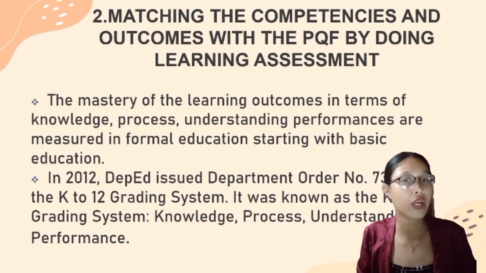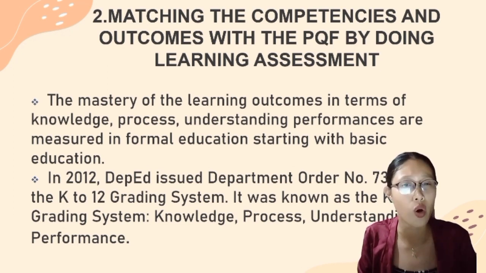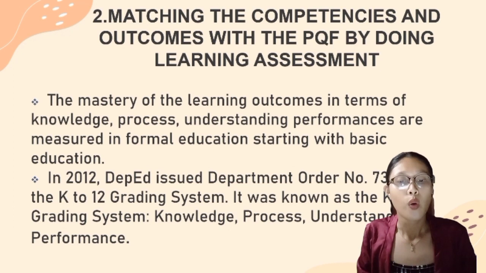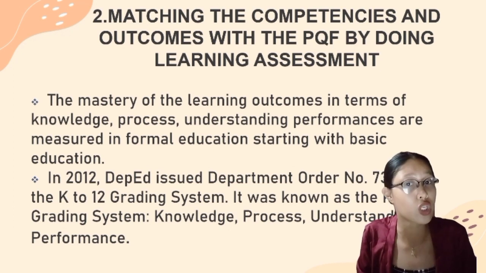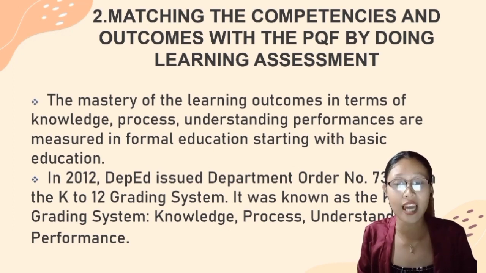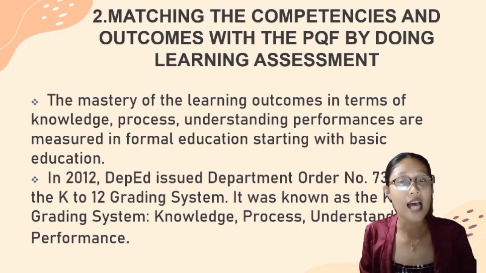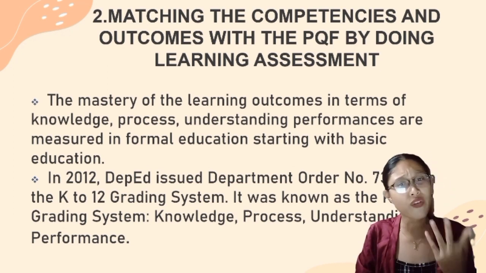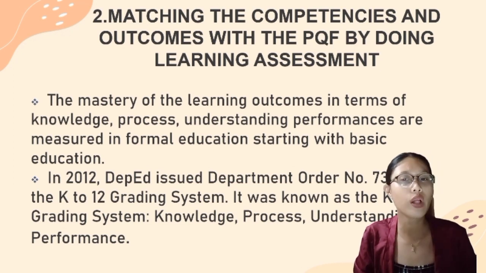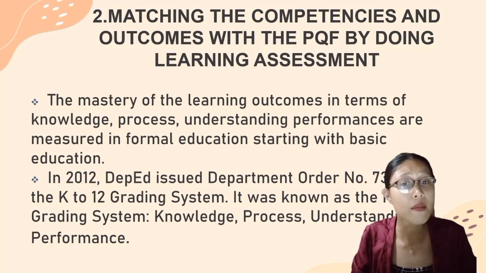If we can recall during our high school level or even now, after we check our paper after the exam, we can notice that each of the tests has its own classification based on the type of test. So, for further understanding, we will look at the table to understand more about the KPUP, or the alignment of the KPUP.